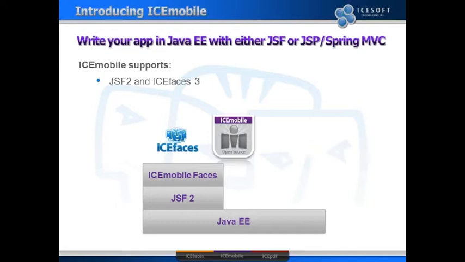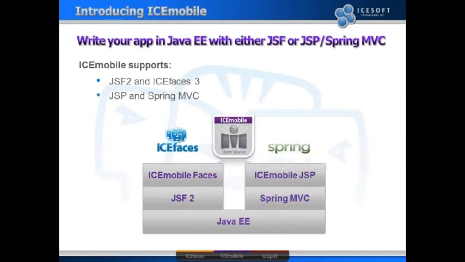You can deploy your web app as a JSP web app or as a JSF web app, whatever you're more comfortable with, or both. The JSF platform is based on JSF2 and ICEfaces 3, and you can also use Servlet Spec 2.5 or 3. Or you can deploy the JSP-based platform as well, with or without Spring MVC integration.